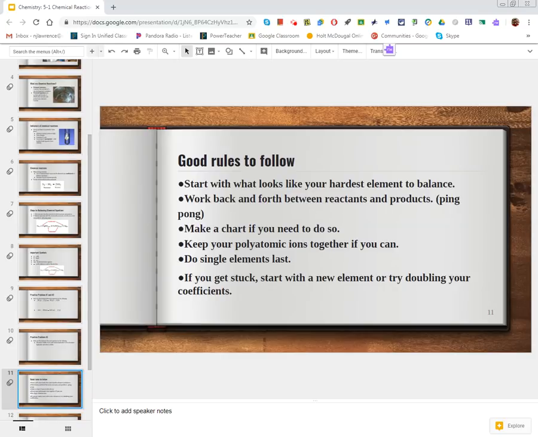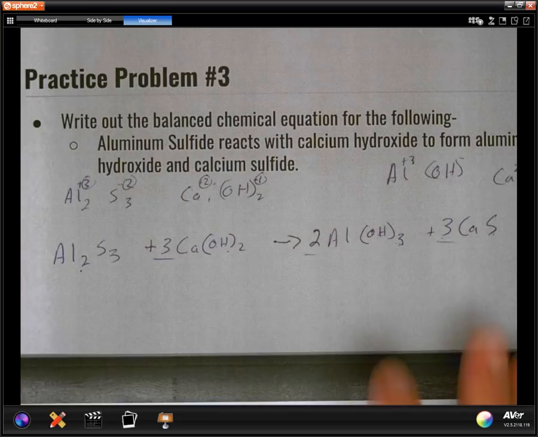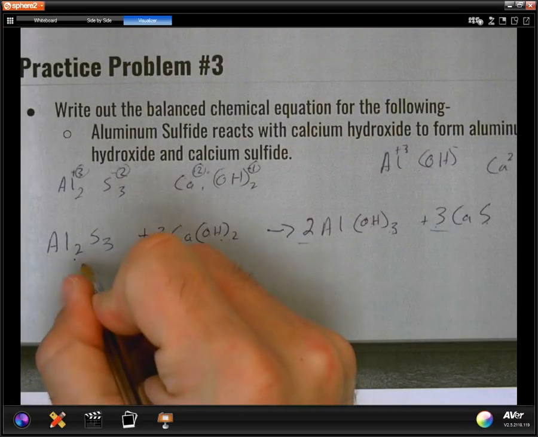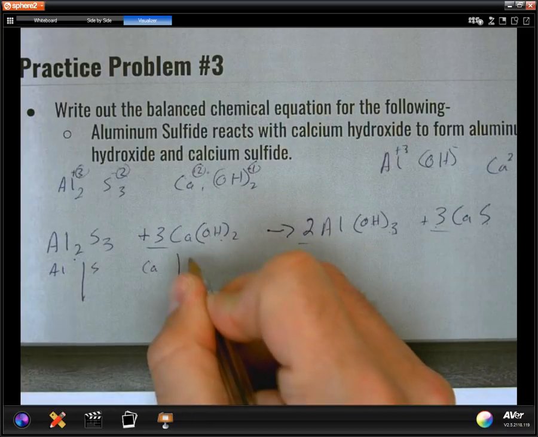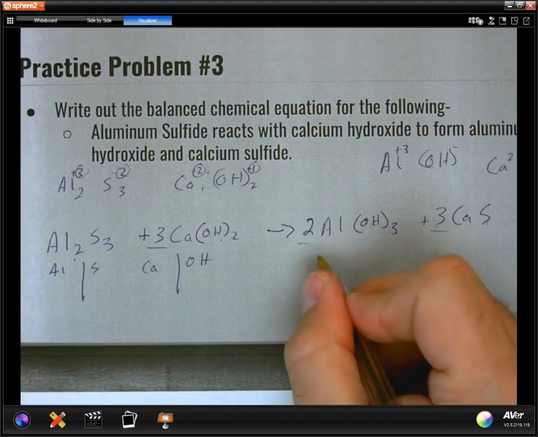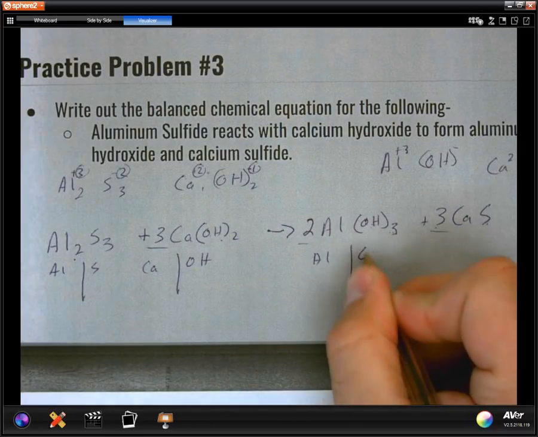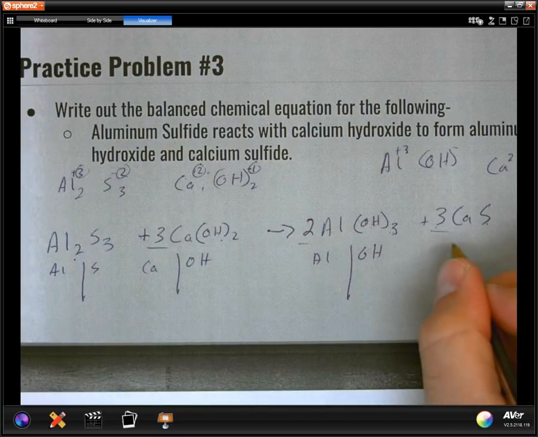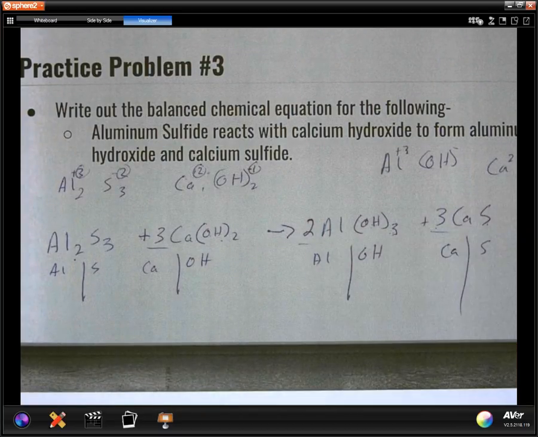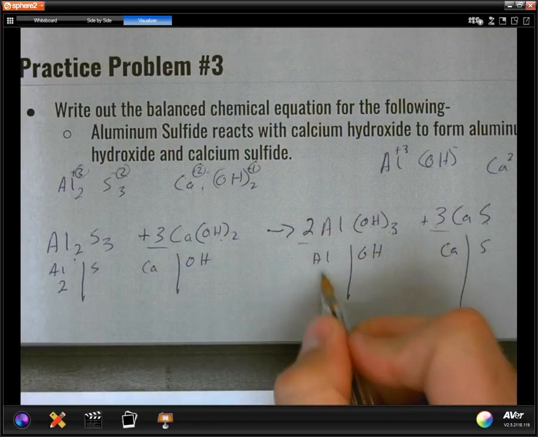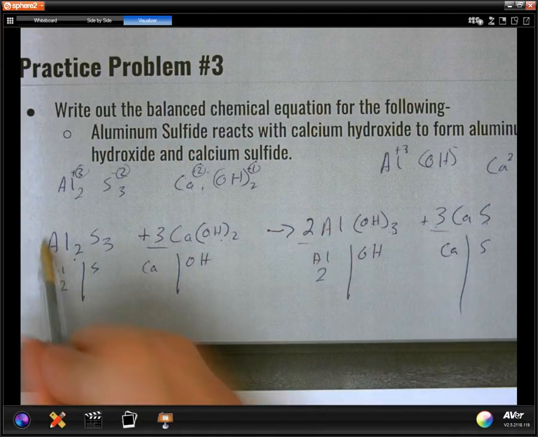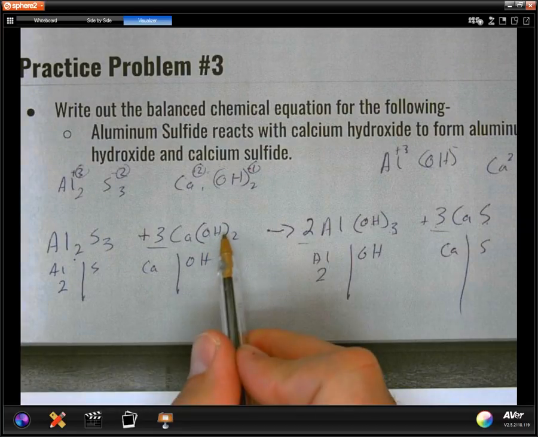Here's what a chart would look like if you wanted to make a chart. All I'm simply trying to do is say how many atoms of aluminum, hydroxide, calcium, and sulfur. So just go through and make a chart. You're going to say, okay, I got 2 aluminums here. How many aluminums do I need here? Well, I need 2. Okay, double check. Yep, bam, got it. How many hydroxides do I have?